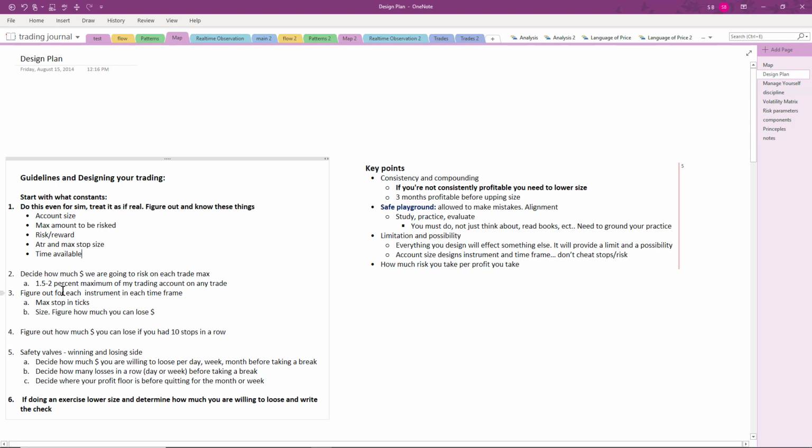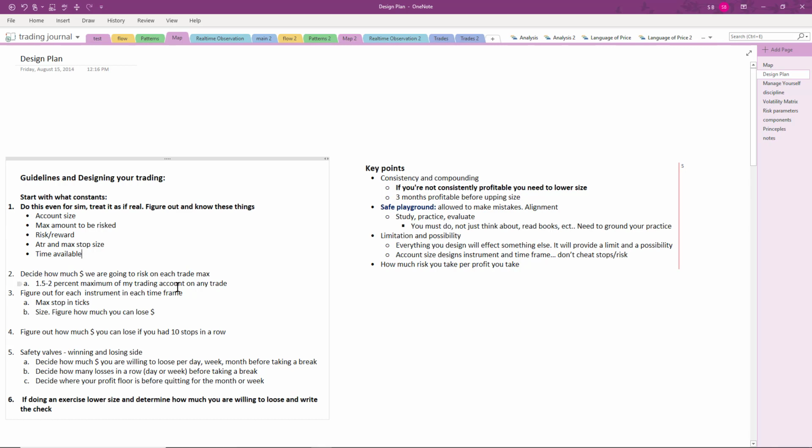So what we want to do is decide how much money we're going to risk on each trade maximum. Figure this out, start to write this out in your own way. Me, I am at 2%. So anywhere between 1.5 and 2% is the maximum I'm willing to risk on any given trade. 2% of my trading account.